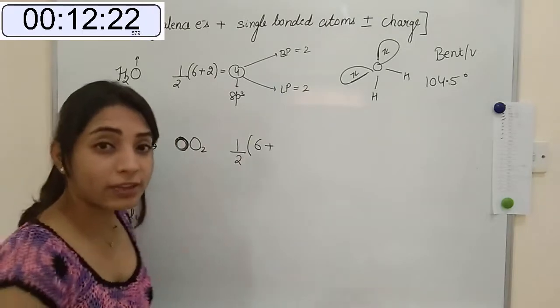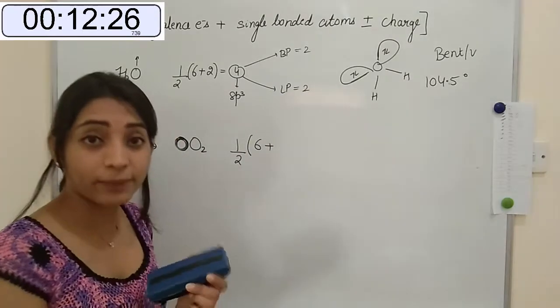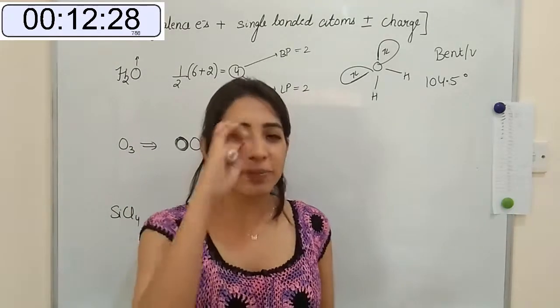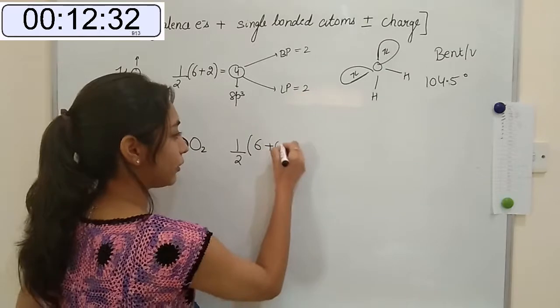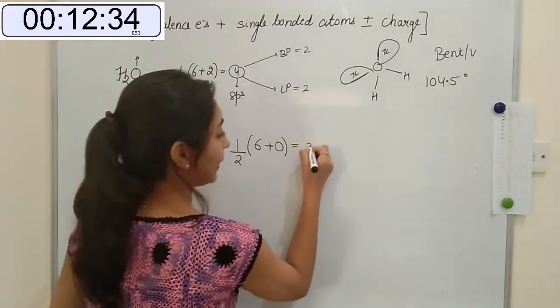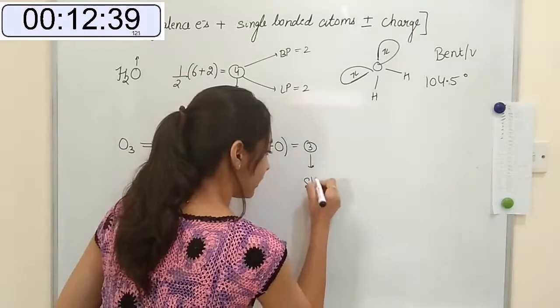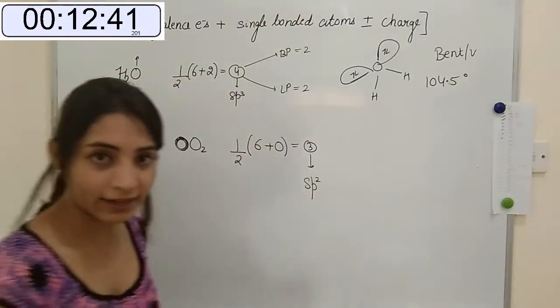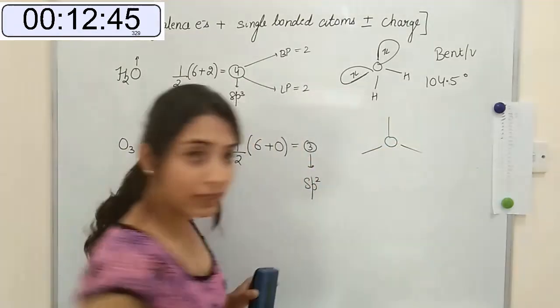Number of atoms attached by single bond, 0, because this oxygen becomes a side atom. And if oxygen is a side atom, it will not form a single bond. So I'll simply put a 0. So it should be 3. Now one thing is clear, that the hybridization has to be sp2.